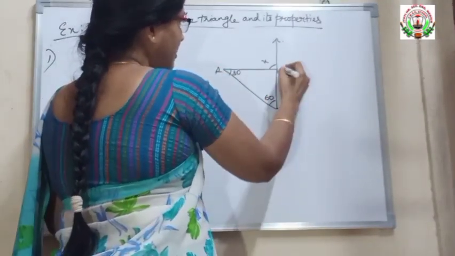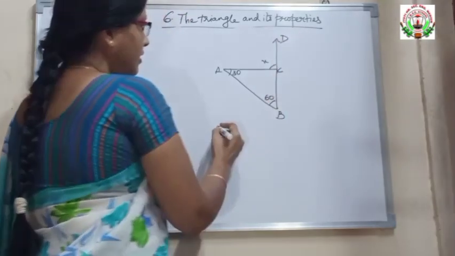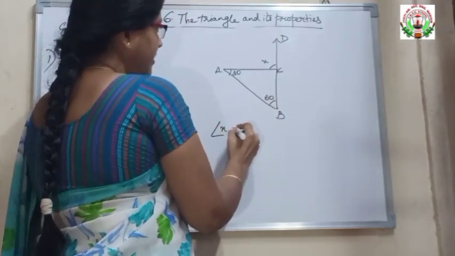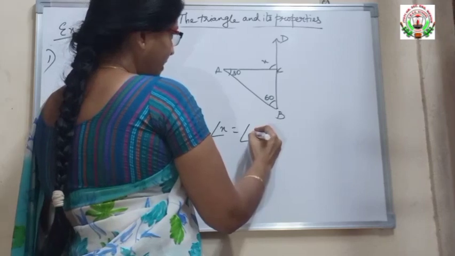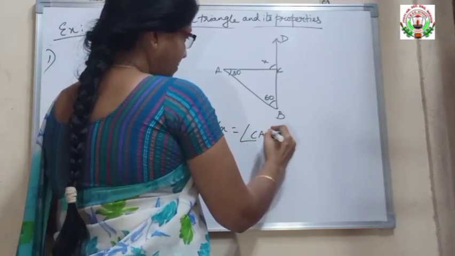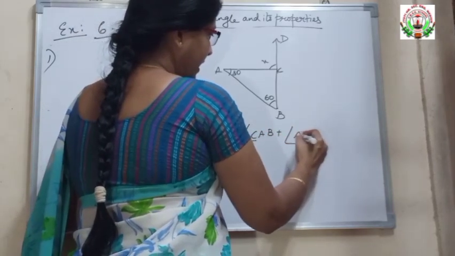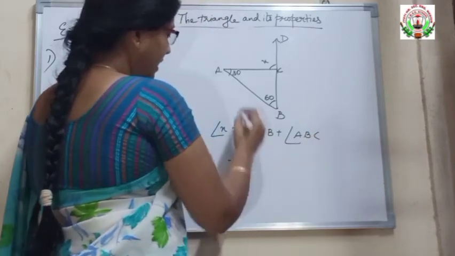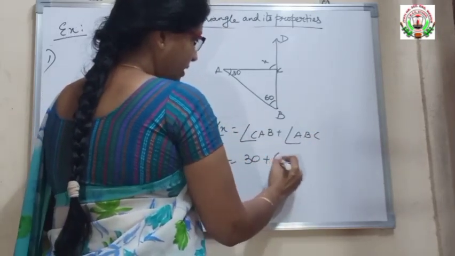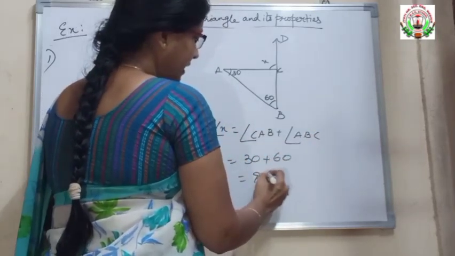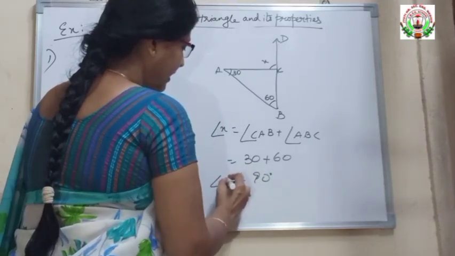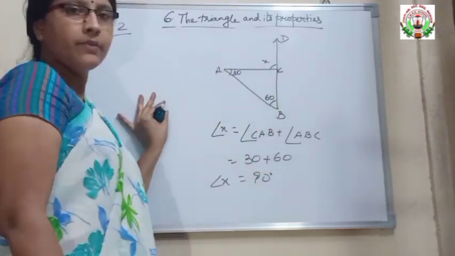A, B, C and here D. So angle X is equals to angle CAB plus angle ABC. So CAB is 30 plus 60, that is 90 degrees. So angle X is 90 degrees.